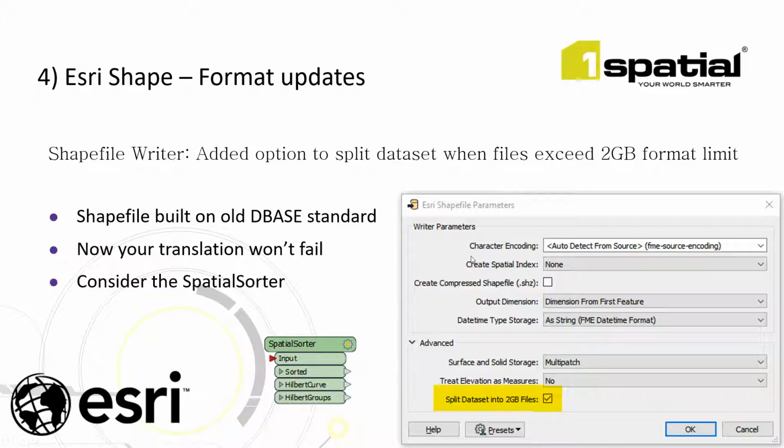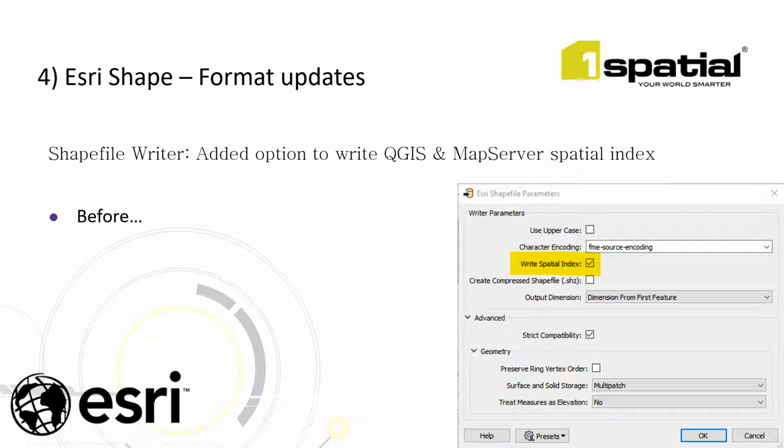The spatial sorter is a custom transformer worth looking at for a number of reasons, that being one of them. The other major one that I think matters is the ability to have different types of spatial index files created. This is the dialog box highlighted in yellow there, that was the old FME writer.